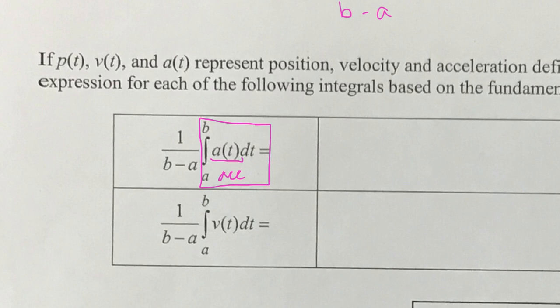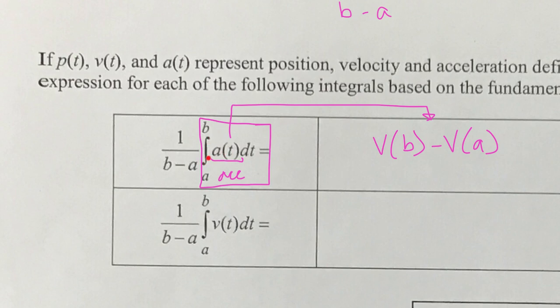The antiderivative. So what is the antiderivative of acceleration? Velocity. So this would be the velocity evaluated at point B minus the velocity evaluated at point A, because velocity is the antiderivative of acceleration.